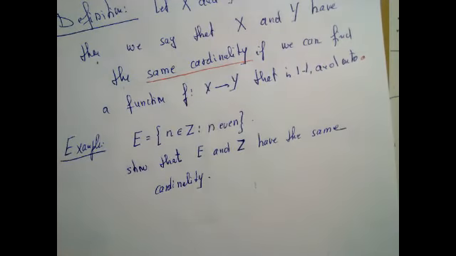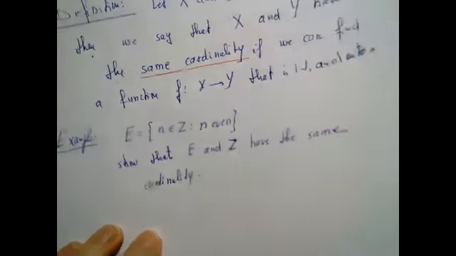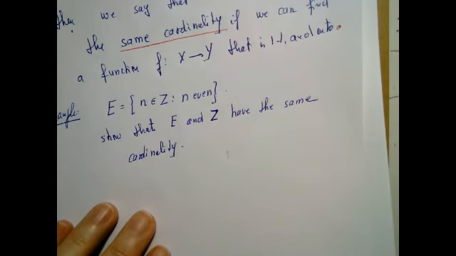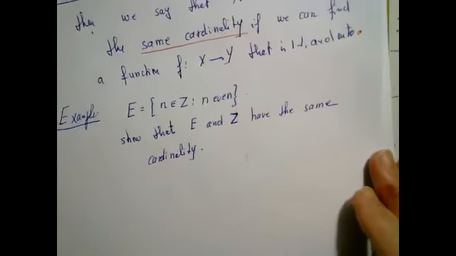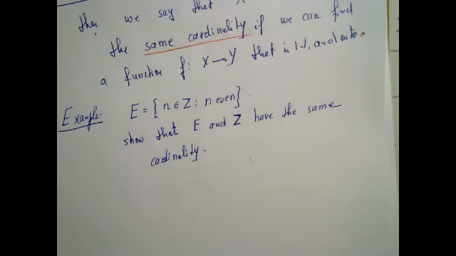E is all the even numbers, Z is everything.